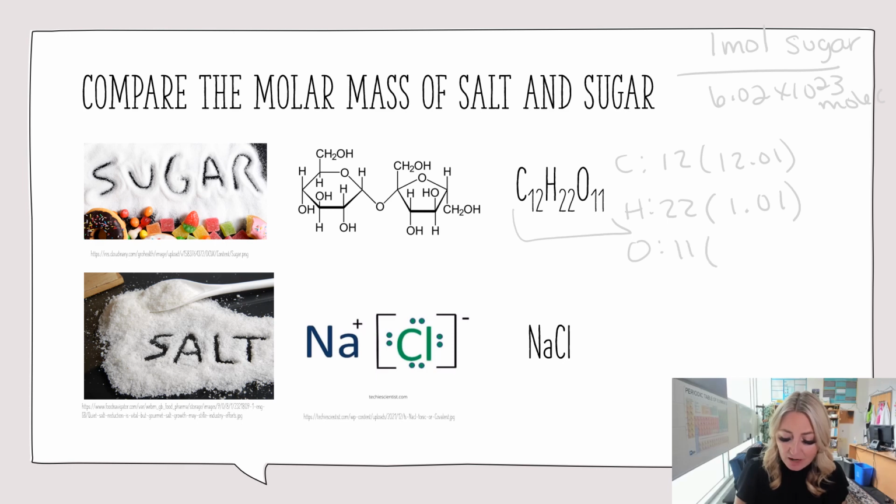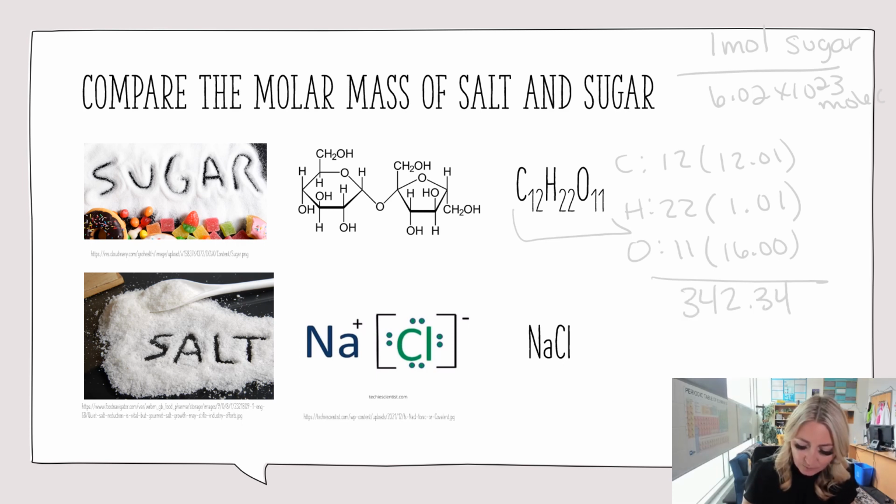And I have 11 oxygens, each with a mass of 16.00. So I'm going to multiply 12 times 12.01, 22 times 1.01, 11 times 16. And I'm not going to round until the very end. I'm going to add those values together, and I should get 342.34, and this is now a ratio. This is grams per mole.